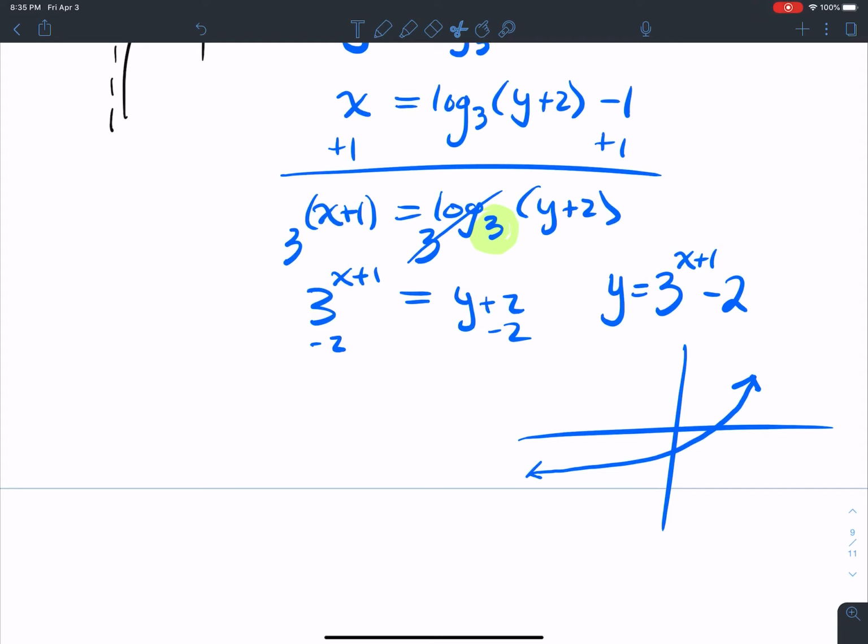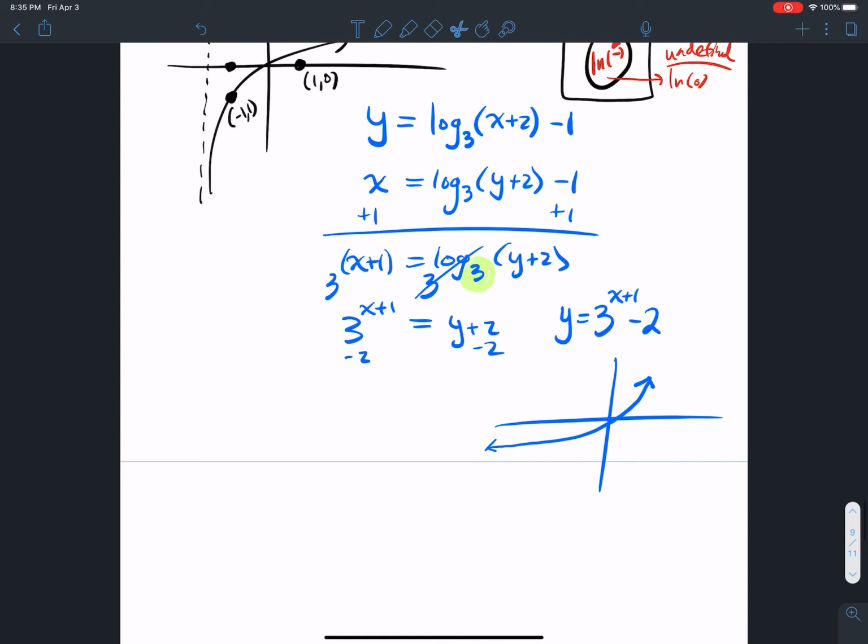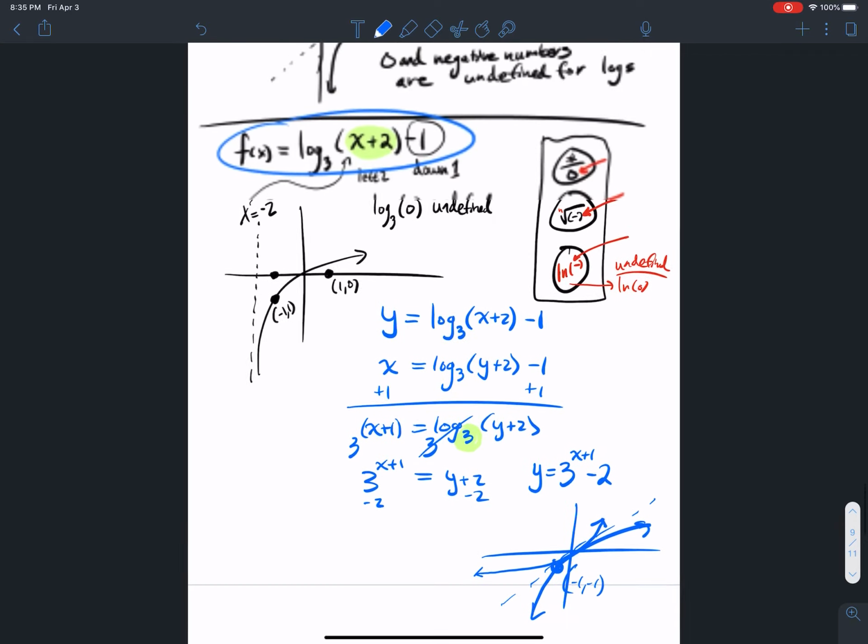Positive tells me to go left 1. And then I have to reflect it, right? So I'm reflecting this about the line y equal x, and that's where this graph comes into play, and I get that negative 1 point there.